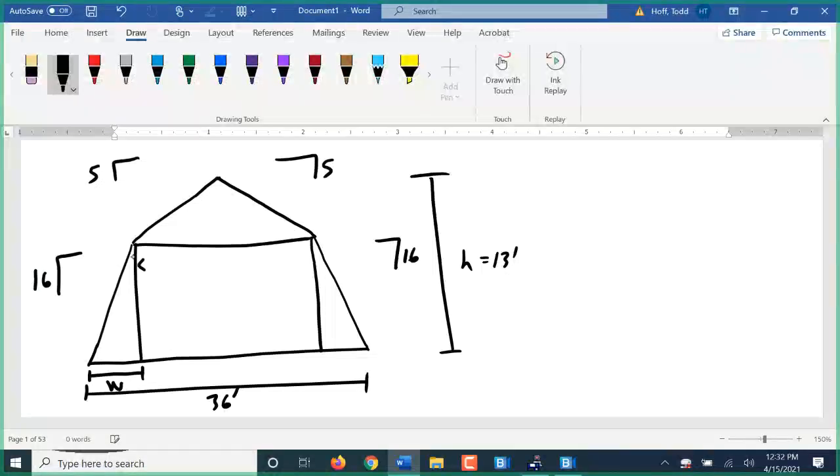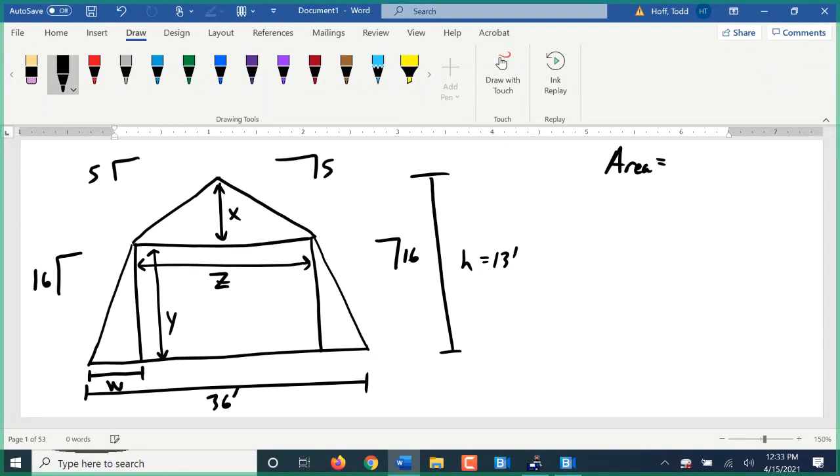I'm going to call this dimension across the room Z. I'm going to call my wall height Y, and the height up here X. So I want to find those dimensions and I want to find the area of this.